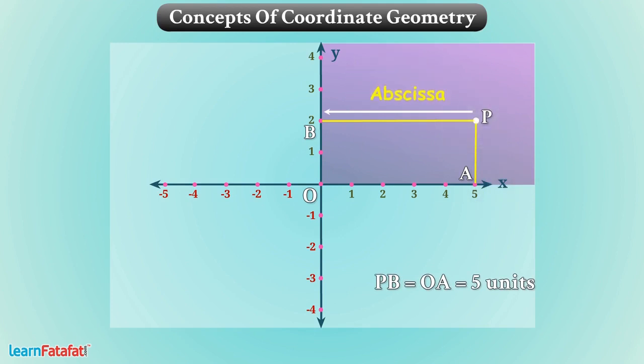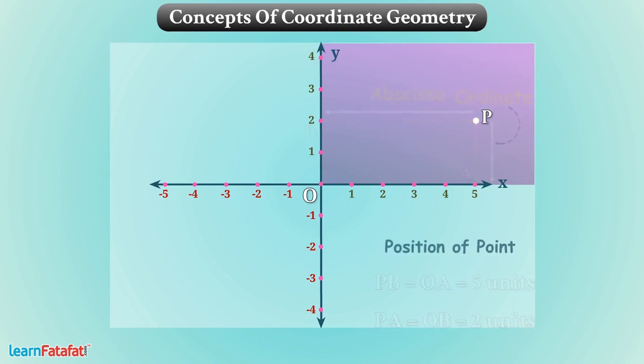abscissa. Similarly, to measure the perpendicular distance of the point P from the x-axis, we move along the direction of the y-axis and measure the distance. Here, PA is equal to OB is equal to 2 units. This distance represents the y-coordinate of the point P. The y-coordinate is also called the ordinate.